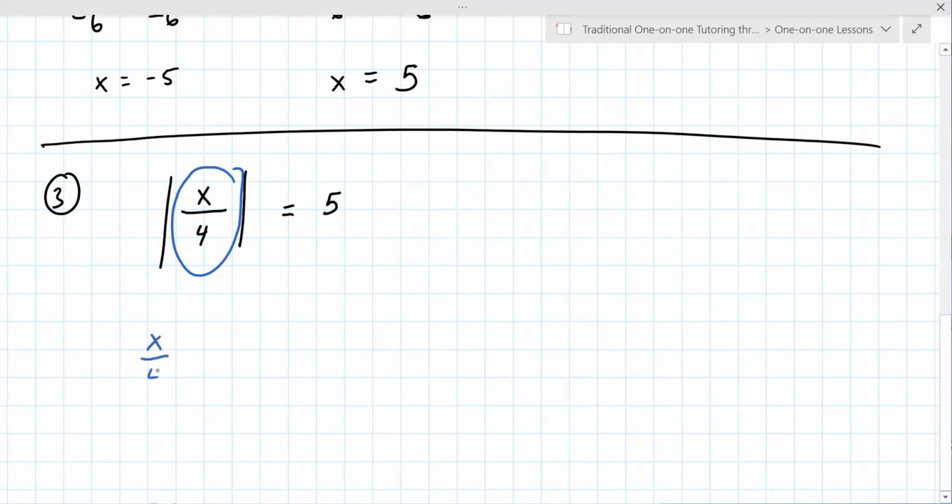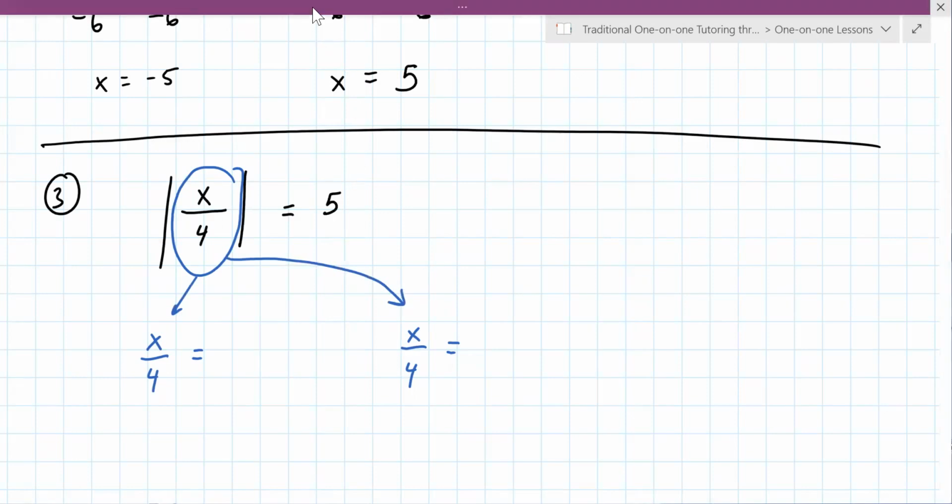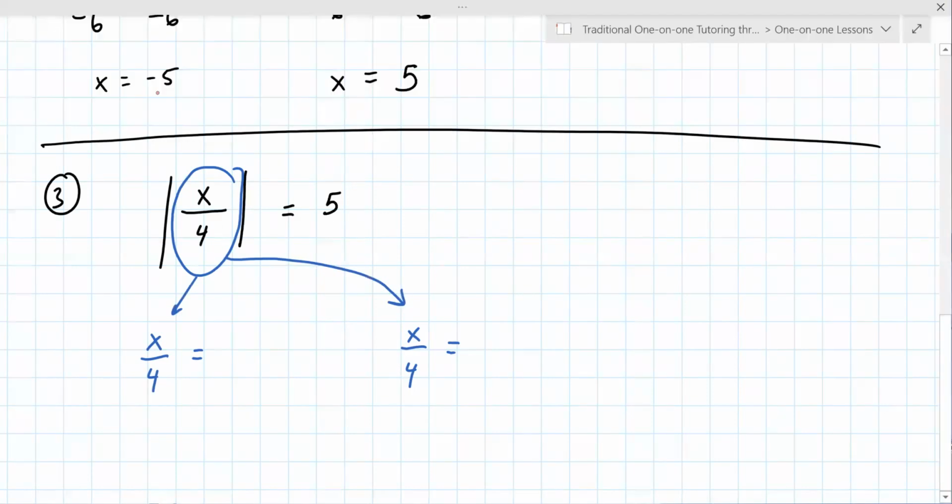You write x over 4 equals, x over 4 equals. You see how you just take that in two places? The 5, you just put it in one place as is, but in the other, you negate it. So it becomes negative 5.